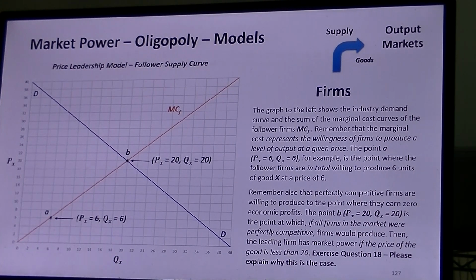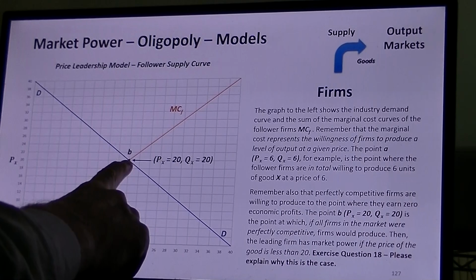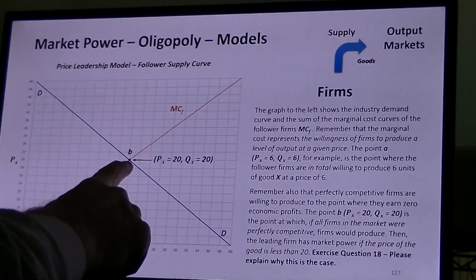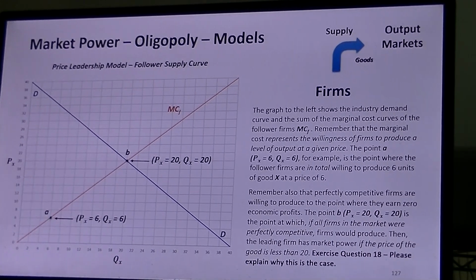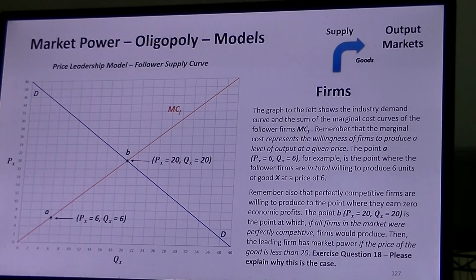So if all of the firms were perfectly competitive, the total output of all the firms in the market would be 20, and the market price would be 20.